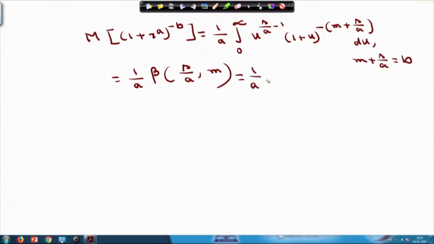So, if I replace m, this will be 1 by a beta of s by a comma b minus s by a. I am replacing the original value of m. So, it is in the form of beta of m, n.